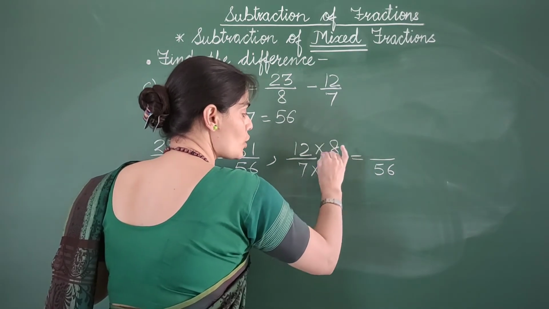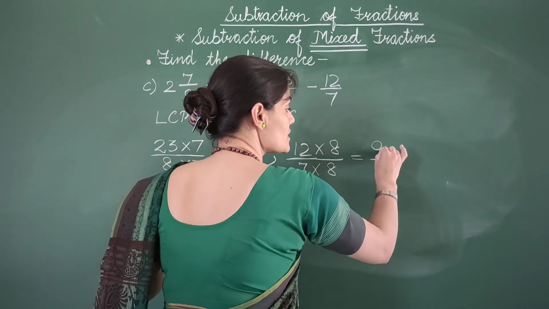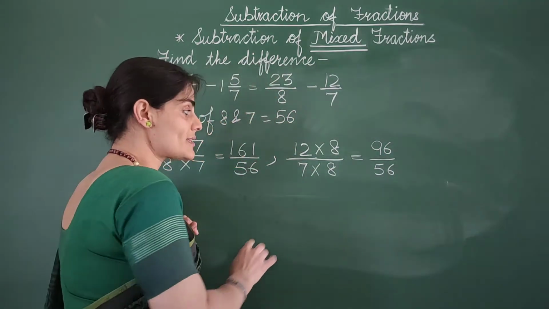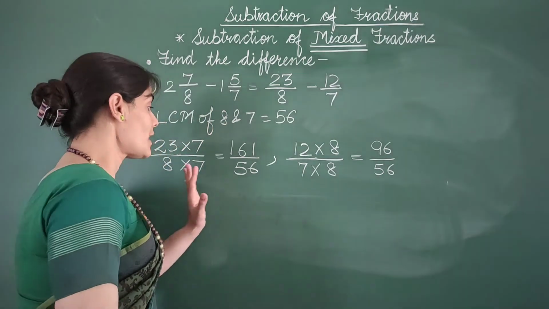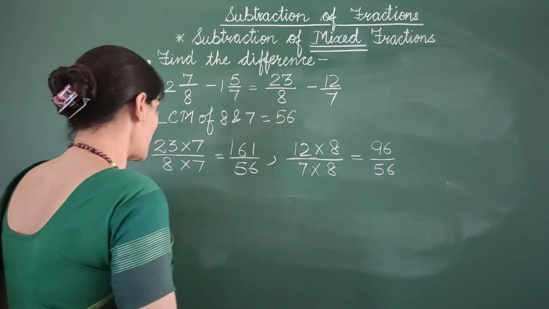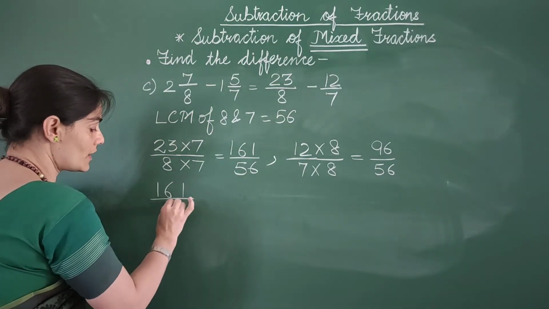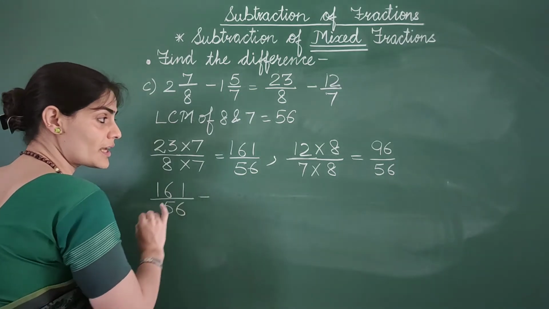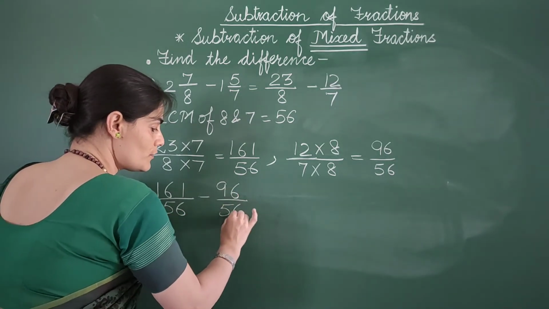So 12 will also be multiplied by 8. 12 times 8 gives us 96 and 7 times 8 is equal to 56. Now as we have got the like fractions, let's find the difference. I write here 161 upon 56 and from this I subtract 96 upon 56.